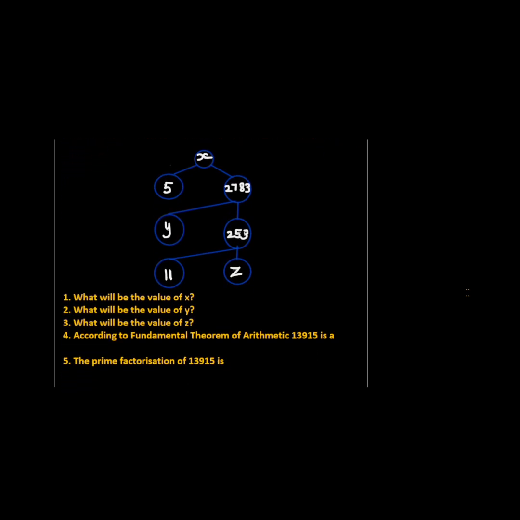The first question is, what will be the value of x? Look at the factors of x: 5 and 2783. So when we multiply 2783 into 5, we will get the number x.